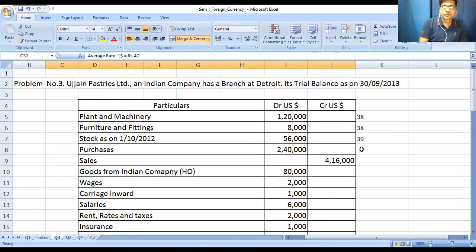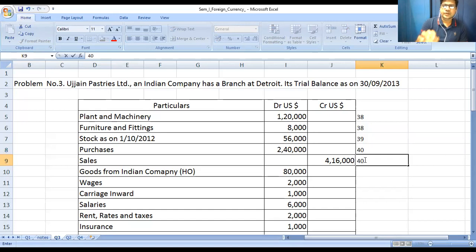We should keep here 40 rupees per dollar. Next item, sales, 4,16,000 US dollar. This item is also considered a revenue item. Therefore, we will use 40 rupees per dollar. It is the average rate we have to consider for revenue items.